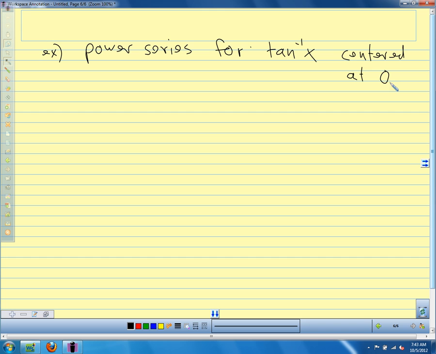Very nice. So we know that the derivative of the inverse tangent is 1 over 1 plus x squared. This kind of looks like our sum of a geometric series, right?